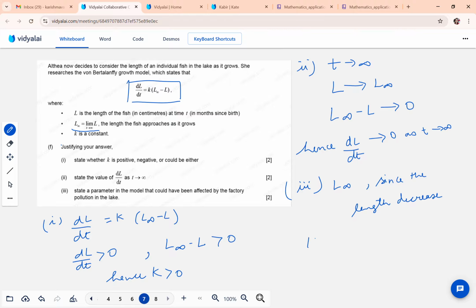This is the first one. Also k will be affected because the fish will not grow as quickly as it was possible. So L infinity and k both will be affected. Two parameters will be affected because the pollution will affect the length. So if it affects L, it will ultimately affect k.